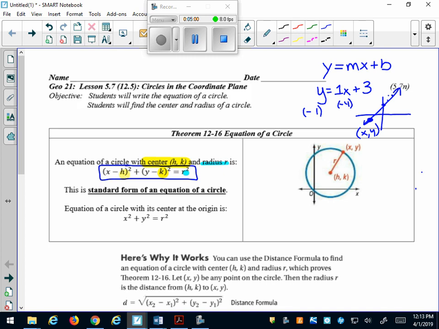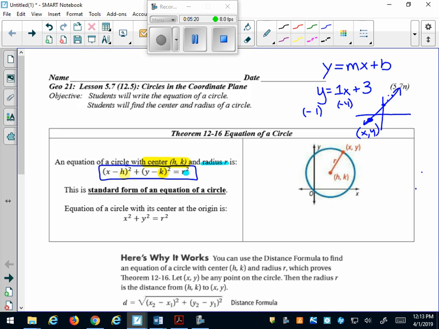Okay, so just really briefly, I'm going to explain why that is the equation of a circle. The radius right here, I could draw a radius in any direction, right? And the center could be anywhere, and the radius could be any size. Circles are kind of unlimited.